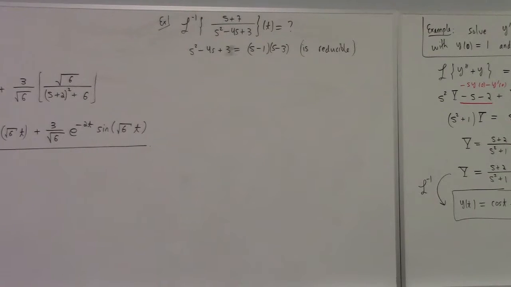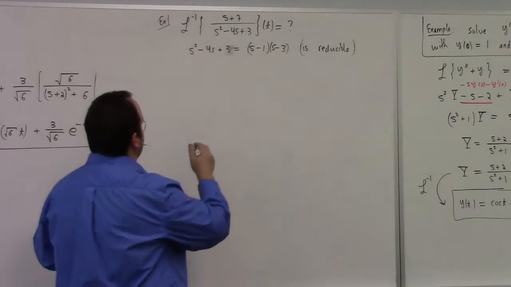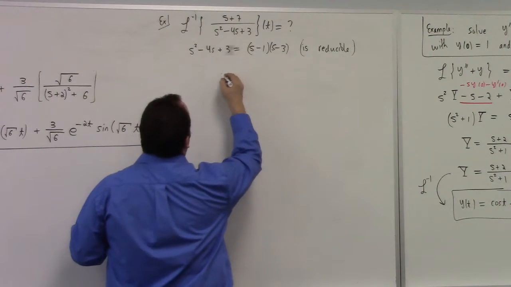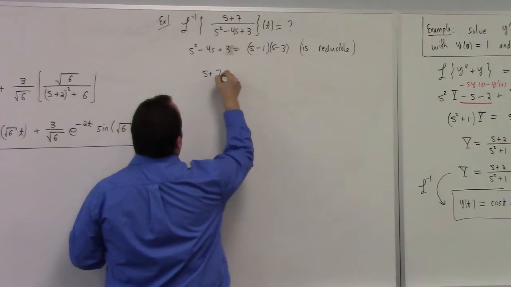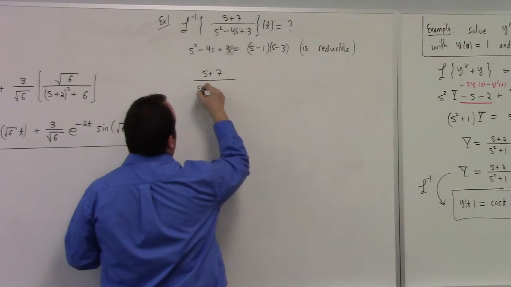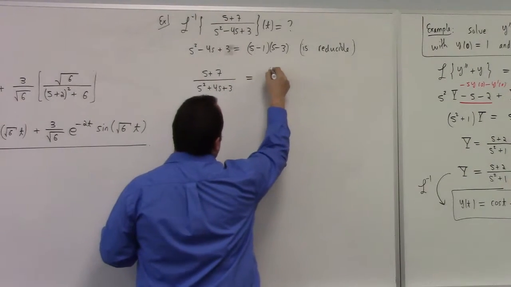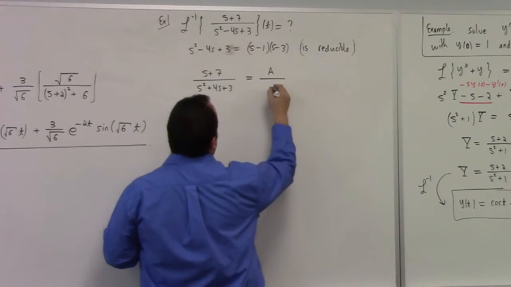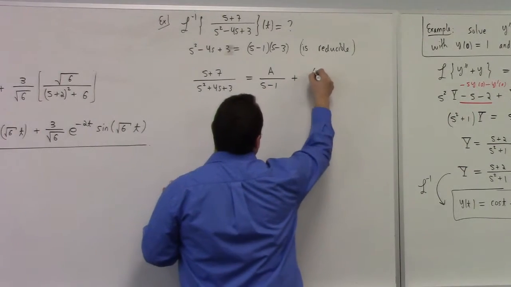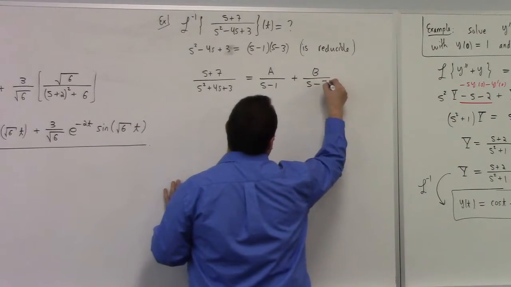When we completed the square, we got a sum of squares. So, customarily, we then say s plus 7 over s squared minus 4s plus 3 is going to be equal to a over s minus 1 plus b over s minus 3.